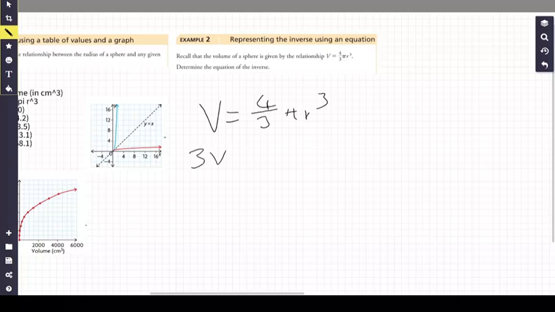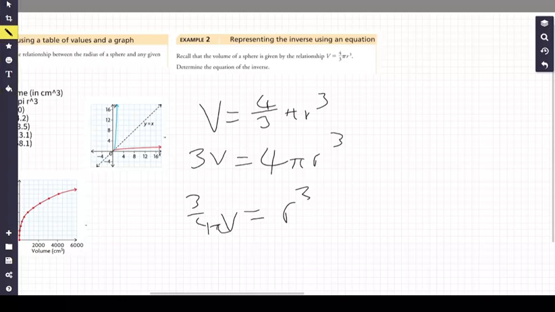So 3V is equal to 4 pi r cubed. Now it would make sense to get rid of the 4 pi, so why don't we just divide the whole thing by 4 pi?